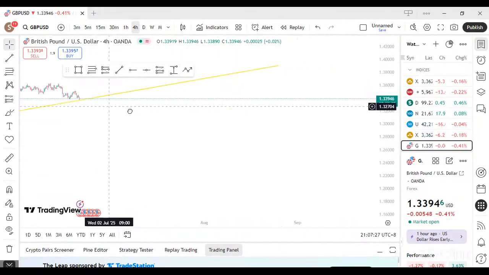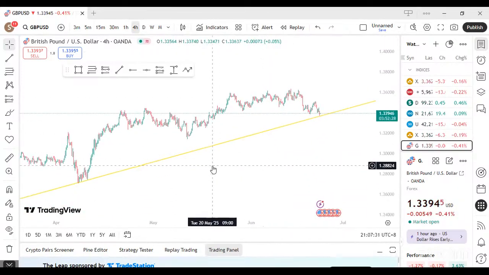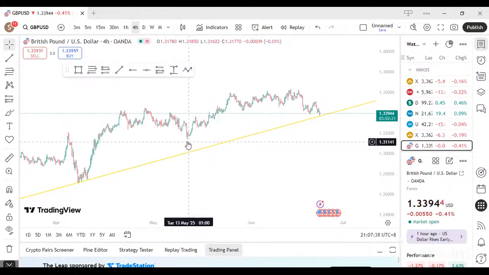Right, so here I need you to identify the last higher high, higher low, and go with that. Last higher high, higher low. Right. This one, the center one. Correct. That's your last higher high and higher low.